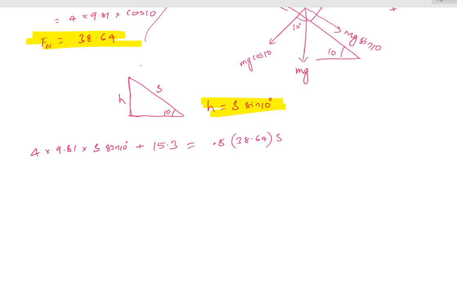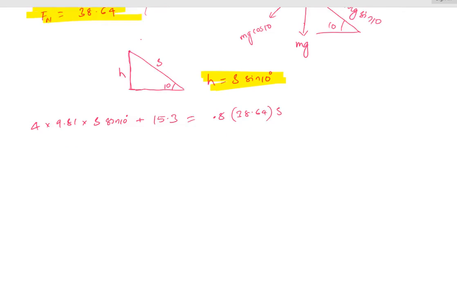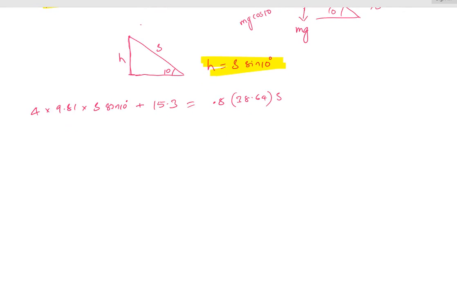So 0.8 times 38.64 is 30.91. So this is equal to 30.91 s.